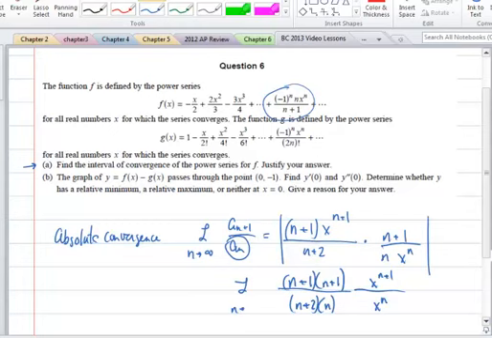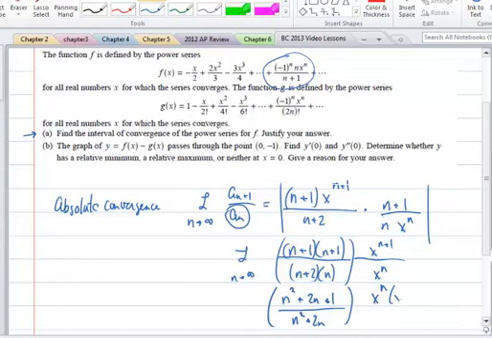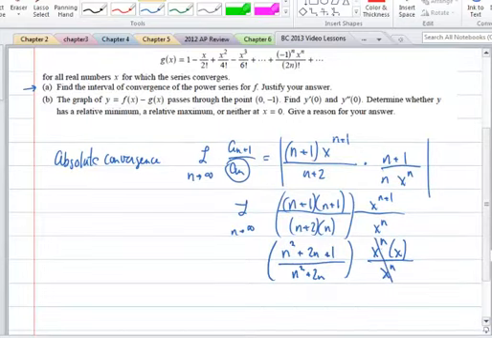When I take the limit as n goes to infinity, for this portion, that term is going to be n squared plus 2n plus 1 all over n squared plus 2n. And for this part, it simplifies to x to the n times x all over x to the n, and this will cancel.